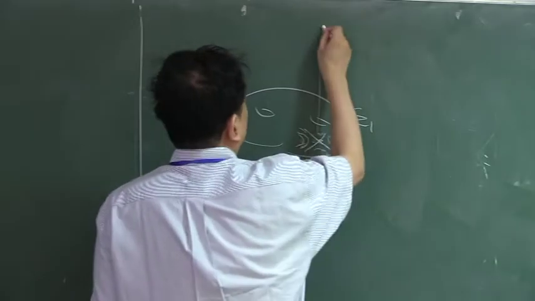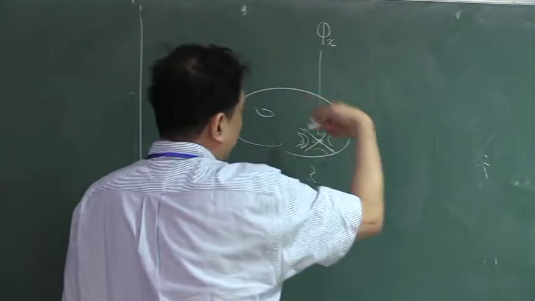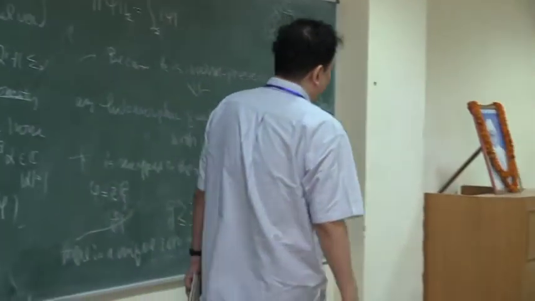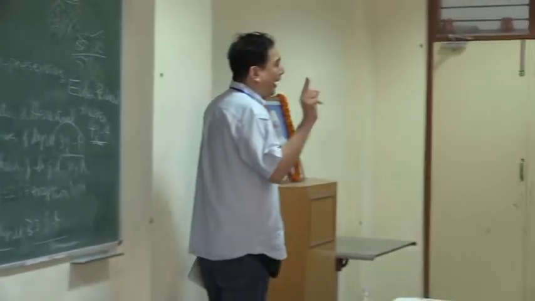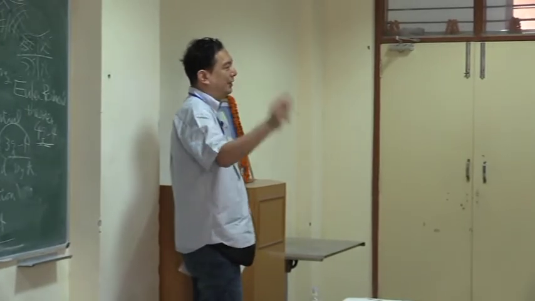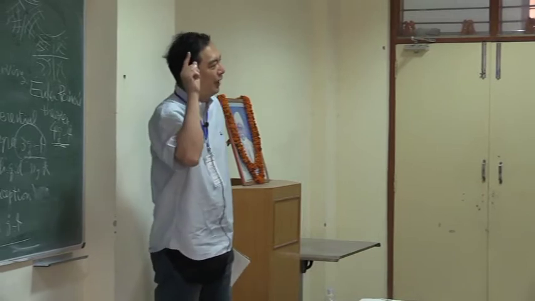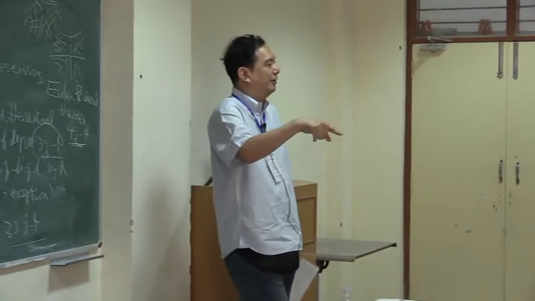So that should be phi x. It's not so difficult to show that for any point, you can have a holomorphic quadratic differential whose highest 0 is exactly that point.